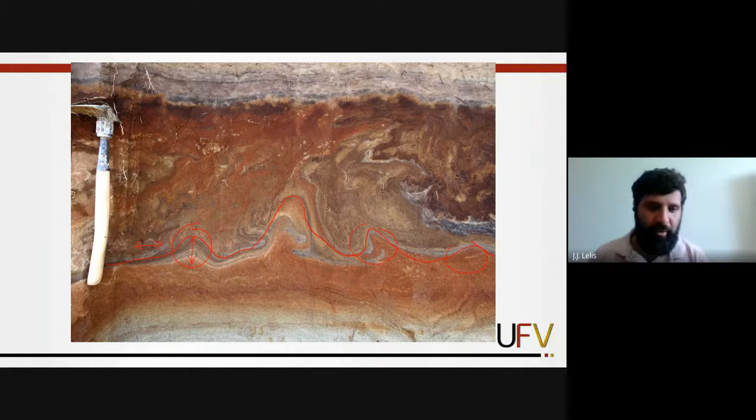So the width is higher than the depth, and these are wavy transitionals, wavy topographies. And this one is an irregular transitional, because the depth is higher than the width.